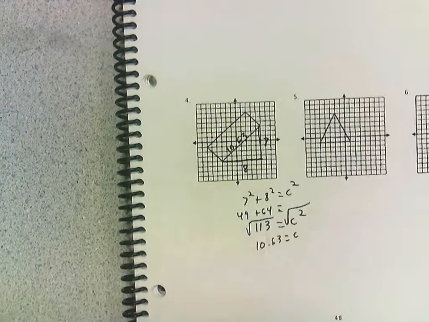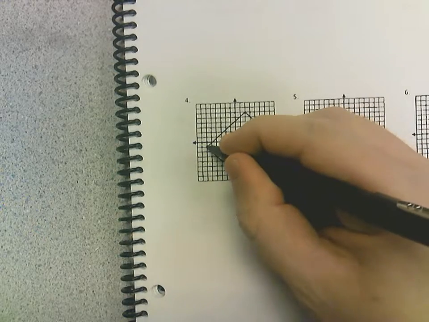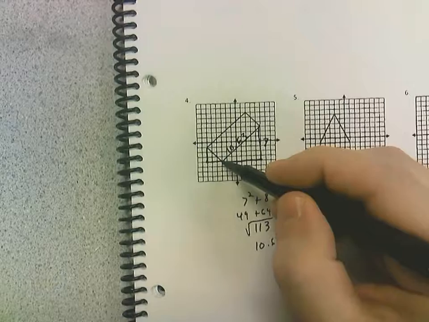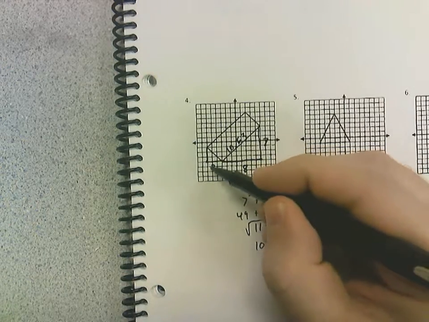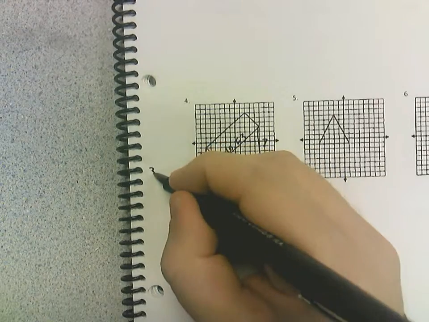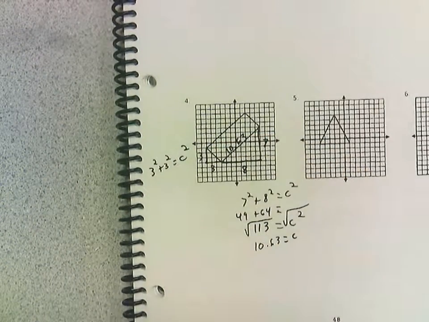10.63. Okay, now I need to figure out this length. So let's just do it right here. Again, I'm going to make a right triangle and then count the length. So this is 1, 2, 3, and this is 1, 2, 3. To set up the Pythagorean theorem, it would be 3 squared plus 3 squared is equal to c squared.